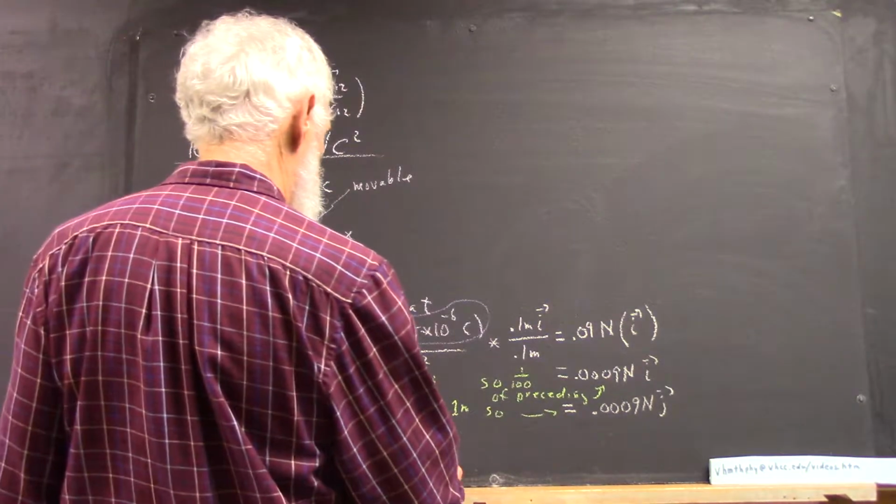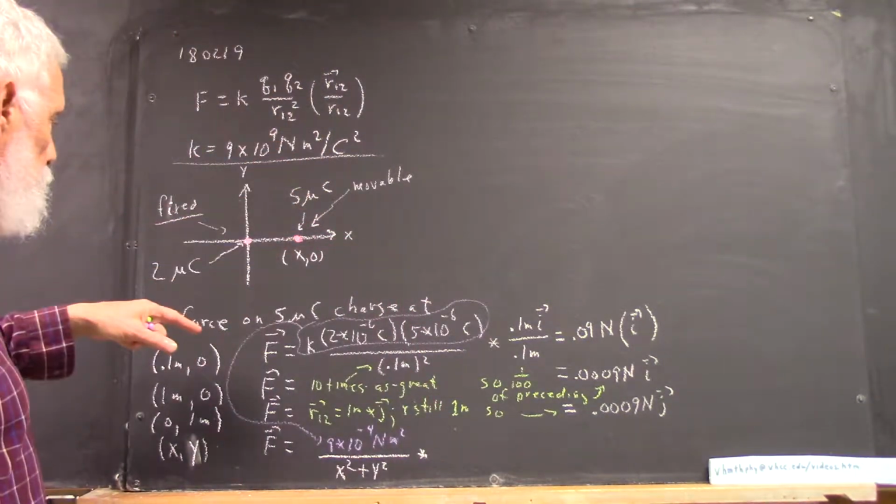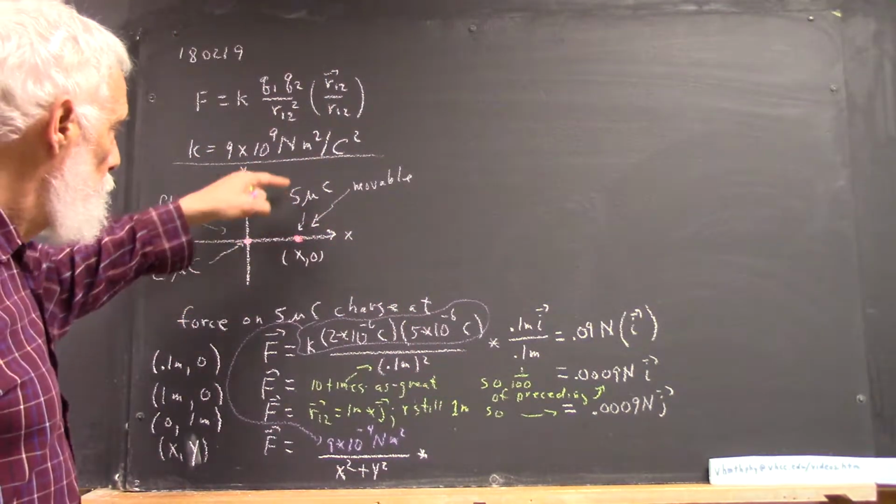And then it's times your r12 vector, which is from here to wherever this charge is.